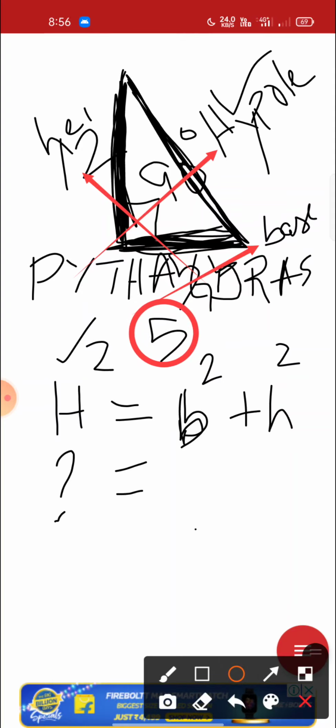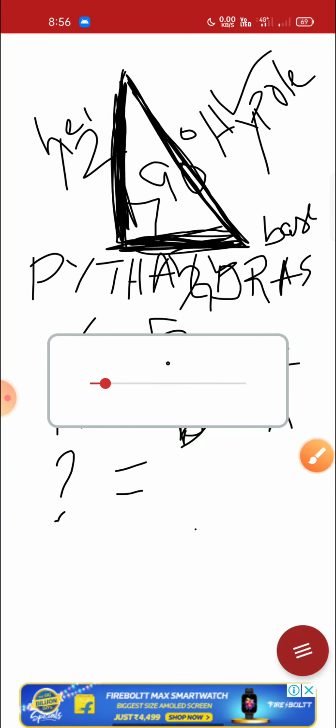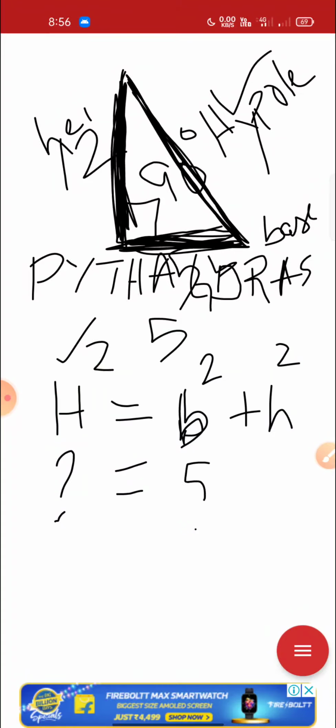Okay, so now in order to calculate, all we have to do is just use the formula. So base is given as 5, so we put the square on top, plus height. How much is the height? It is given as 12 square. So now we have to just add this.